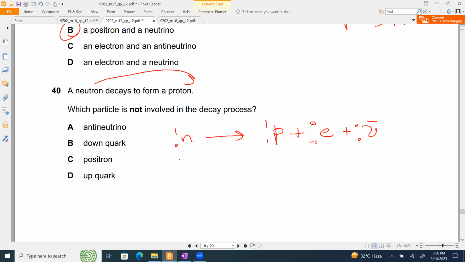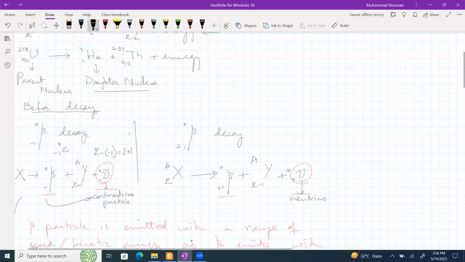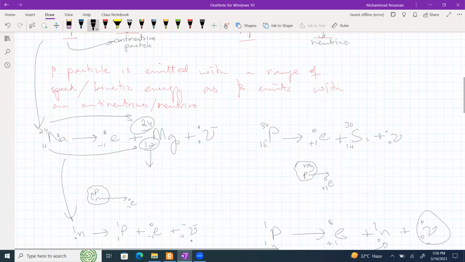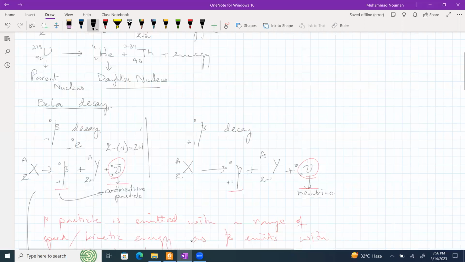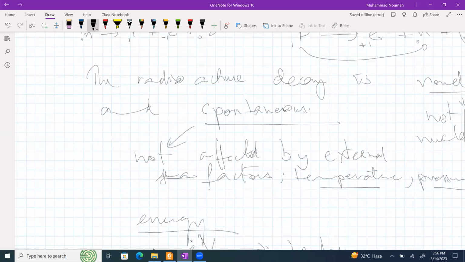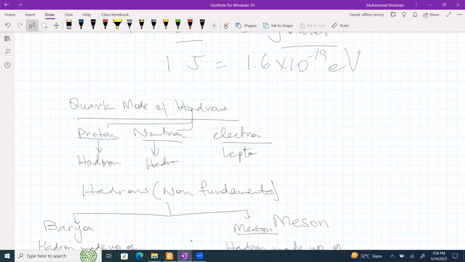Tell me one thing. What is the quark composition of a neutron? UDD. And what is the quark composition of a proton? UUD. Do we have any quarks in an electron as well? No. I told you I started with the quark model of hadrons, right?